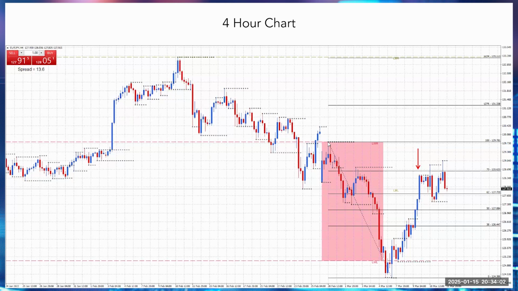So I draw the fib from the high of last week to the new low of this week. And then we come up to the 79% level of that range before potentially topping out to move down. So this is the anomaly to the whole equation. Sometimes we will break the low or break the high before then having the retracement.